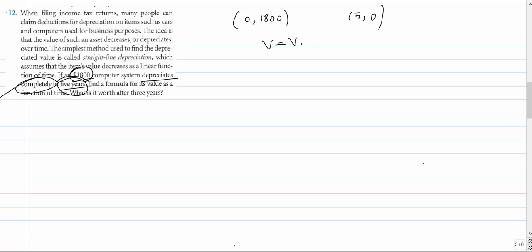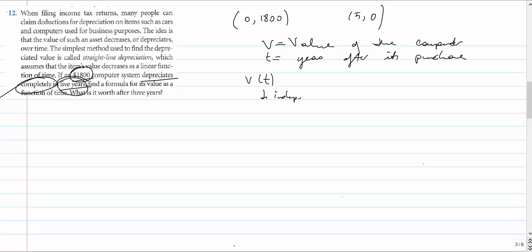So here V is the value of the computer and t is the time measured in years after its purchase. So V of t: t is your independent variable, which is the first one, and V is your dependent variable, which is the second one. So the first value is my time, and the next value is the value of the computer.